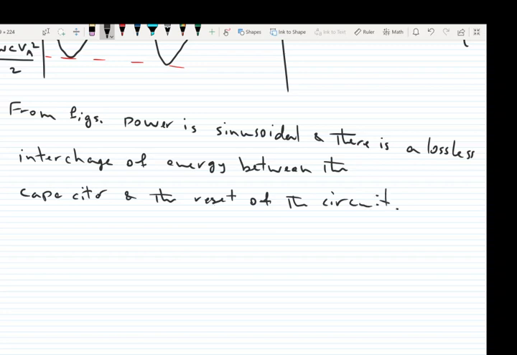Okay, so we have our power and energies determined in all elements for sinusoidal steady-state circuits. Now we want to discuss average power.